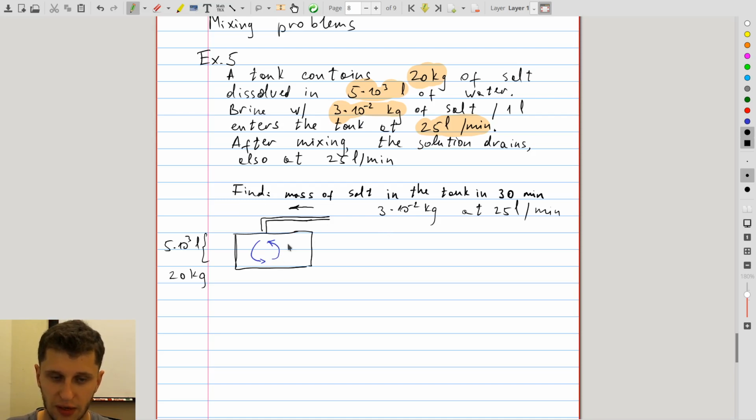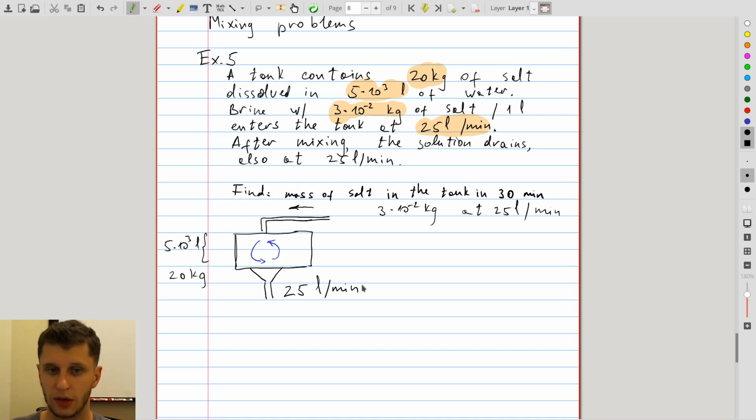As I explained already, because we have constant intake, there is also a drain that must be happening. So the tank is also draining after mixing, and it drains at the same rate, of course, because it has to maintain equilibrium. It drains at the same rate of 25 liters per minute.